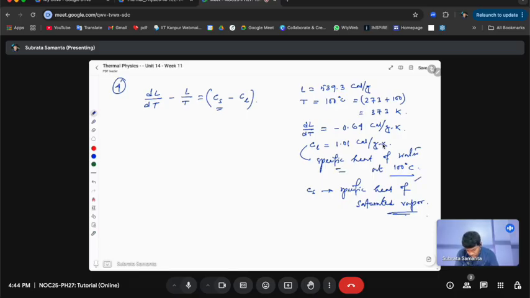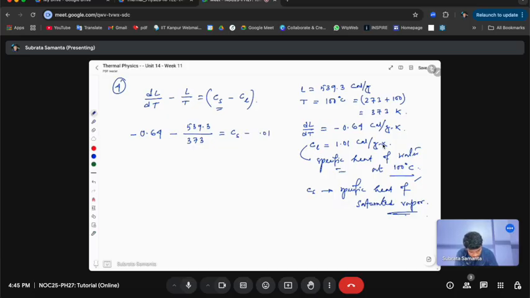So now the data is given. Your dL/dT is 0.64, which equals minus L over T, so 539.3 over your temperature T, 373 Kelvin, and this is basically Cs minus Cl, which is 1.01.